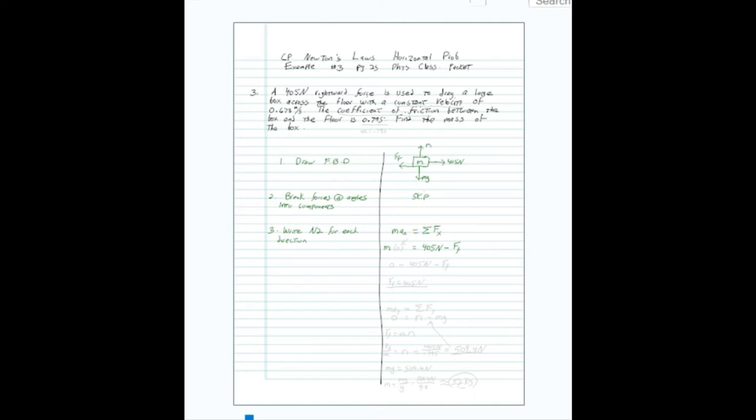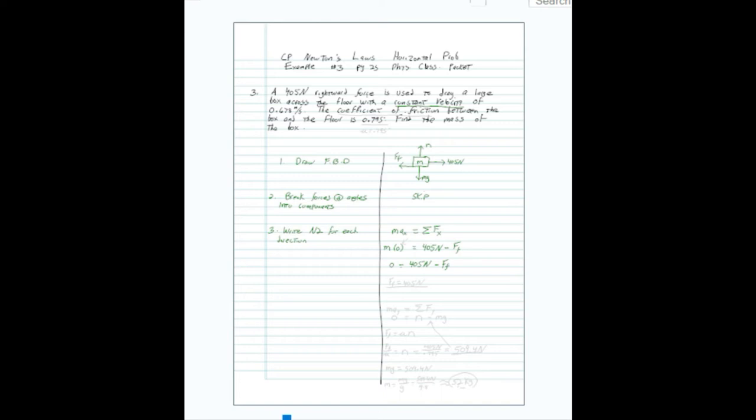Take a look. It says in the question that the object is moving with a constant velocity. So if the object's moving with a constant velocity, then that means there is no acceleration. The acceleration is zero. So that means I get 0 equals 405 newtons minus the frictional force.